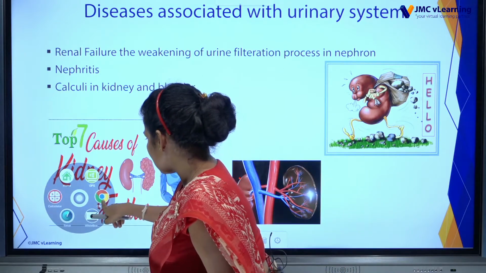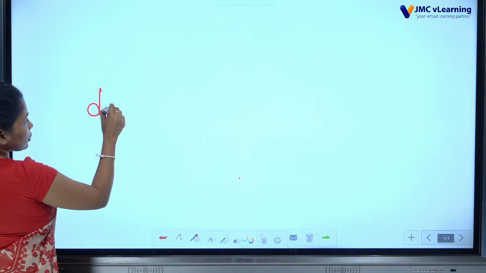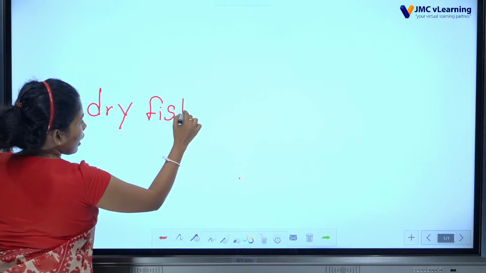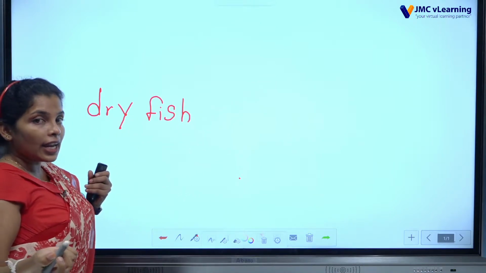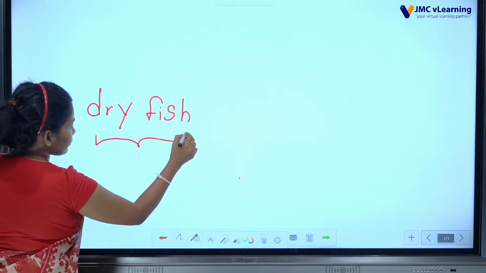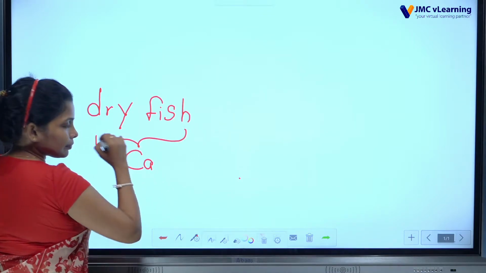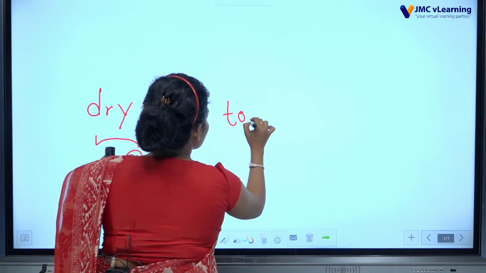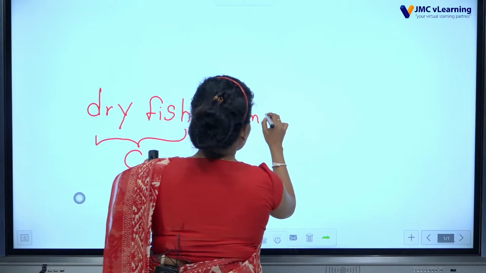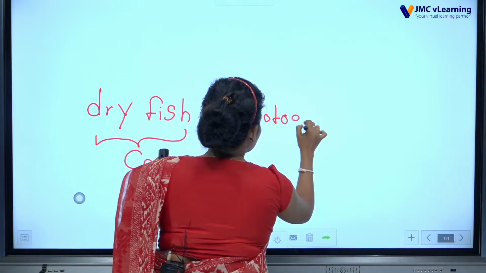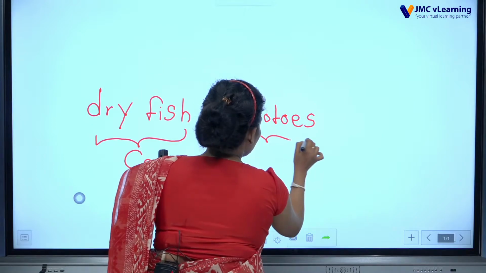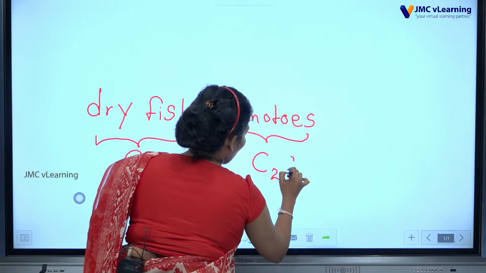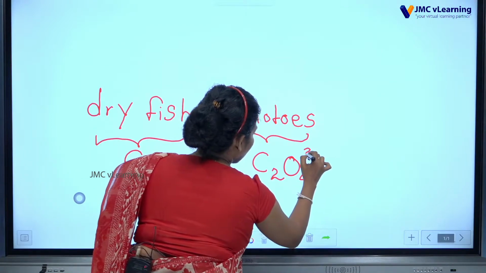The reason is dry fishes have which kind of elements? Calcium. And tomatoes, what kind of chemical is there? Oxalate. Oxalate, we call it C2O4 2 minus.